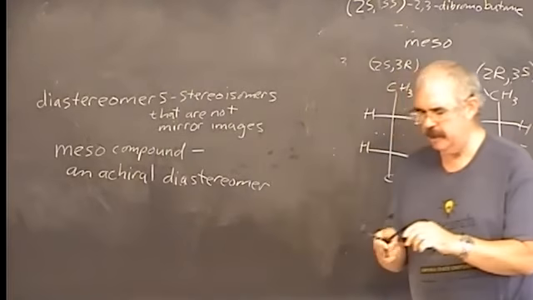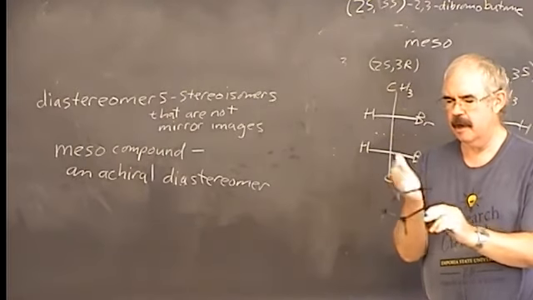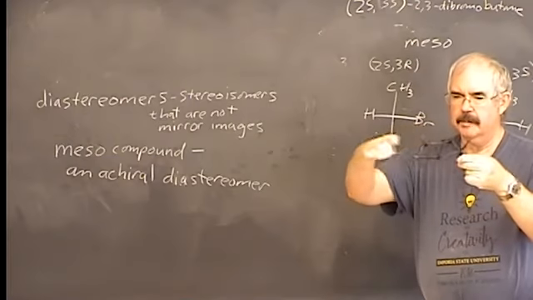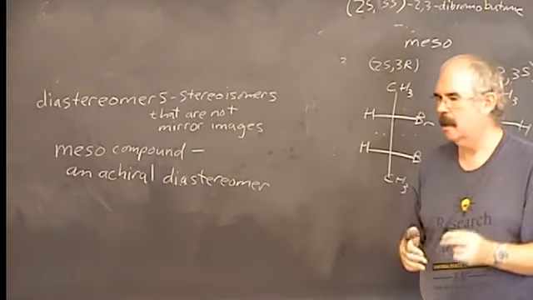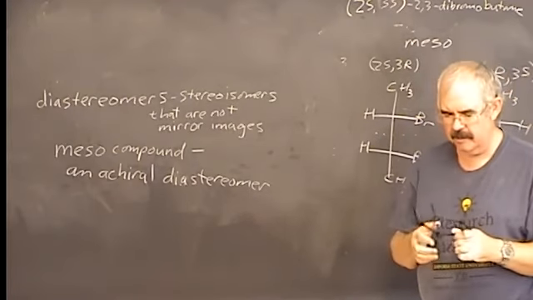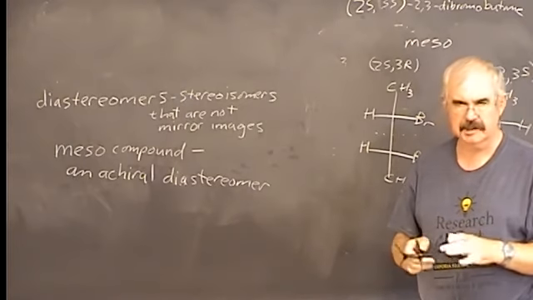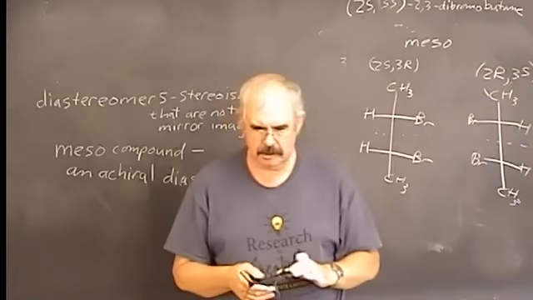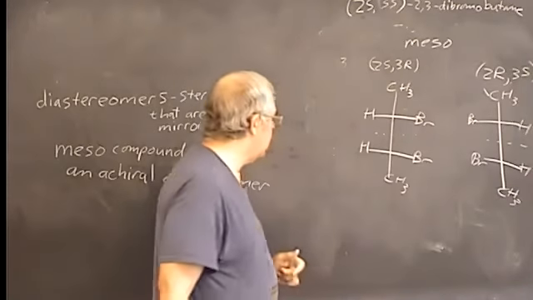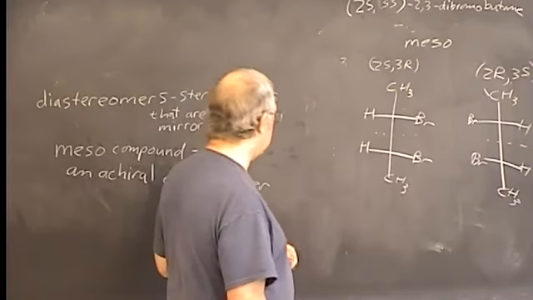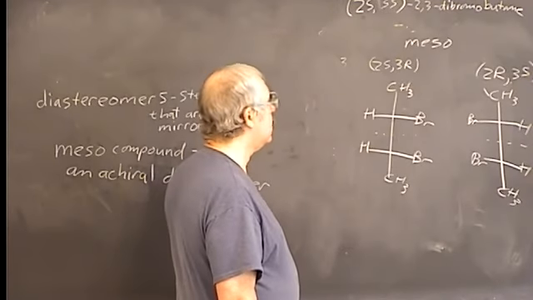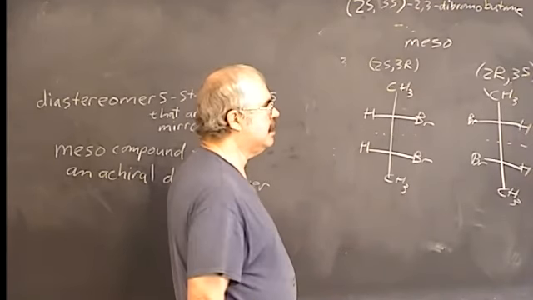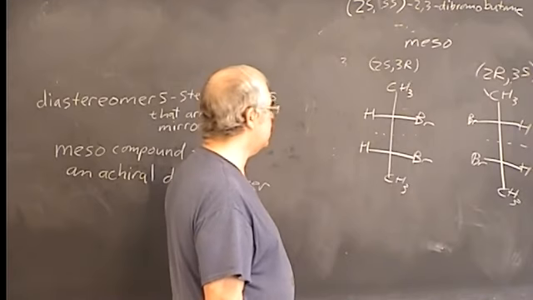Cyclopentane has multiple planes of symmetry, this way, in the plane of the ring. Okay, but it's not a meso. It doesn't have diastereomers. There are no chirality centers. A meso compound has to have at least 2 chirality centers. And you have to have at least 2 chirality centers in order to have diastereomers.